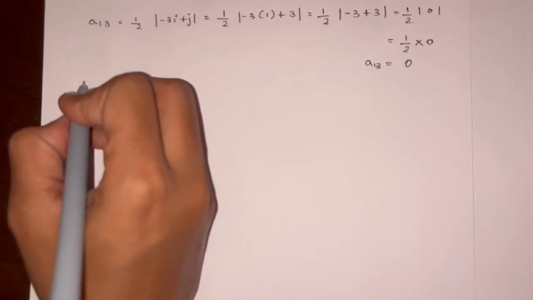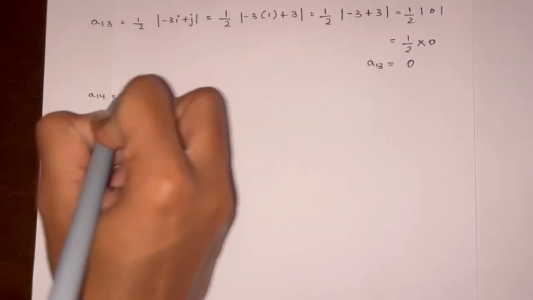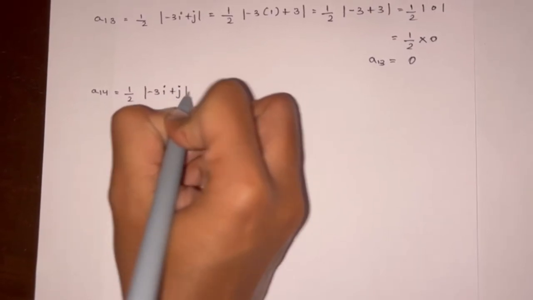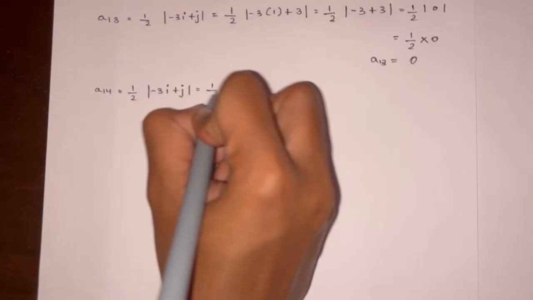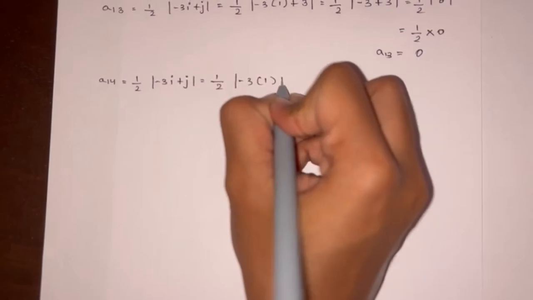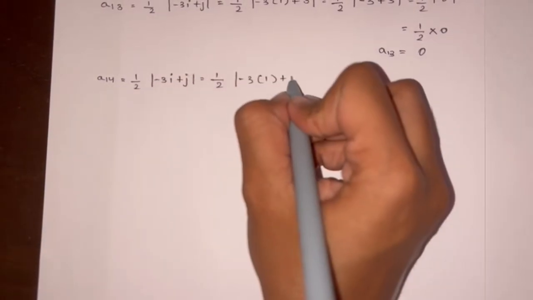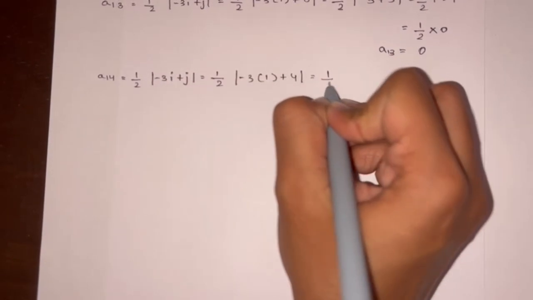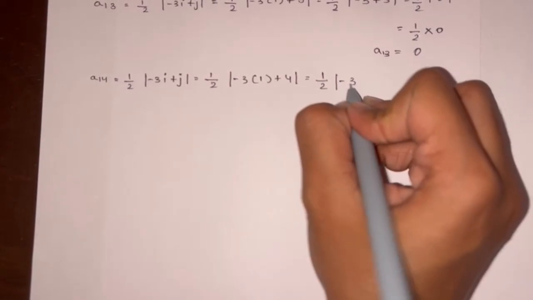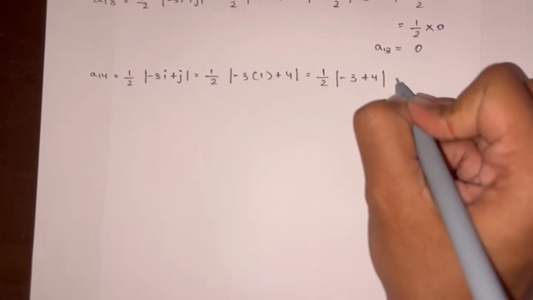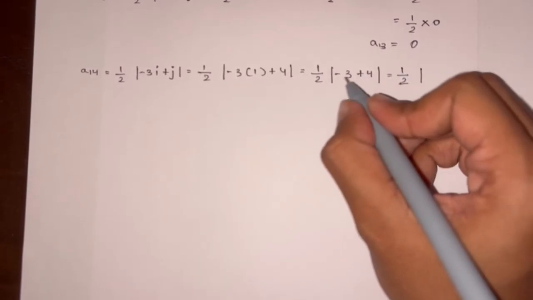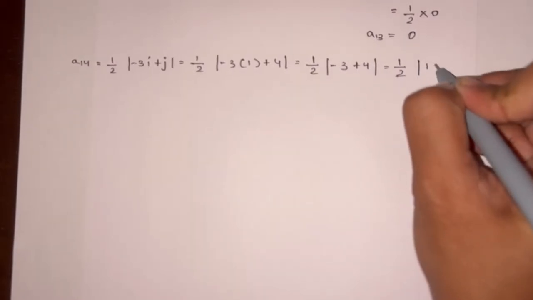The same way we will find A14. Writing down the question, 1 by 2 mod of minus 3i plus j is equal to 1 by 2 mod of minus 3, in place of i we are writing 1, plus in place of j we are writing 4. So minus 3 into 1 is minus 3 plus 4, so we get 1 by 2 mod of 1.